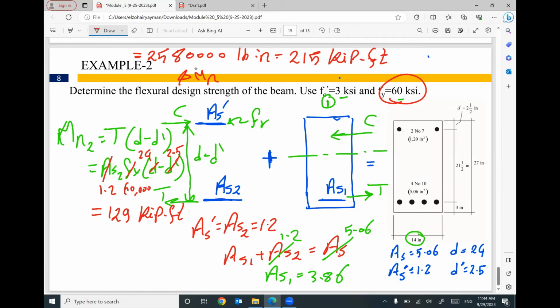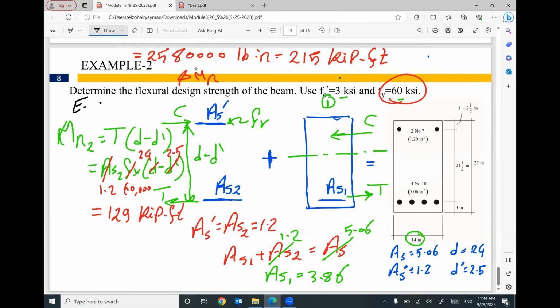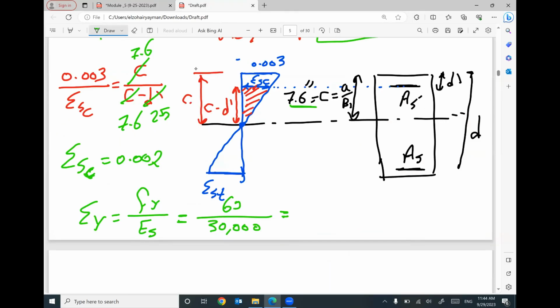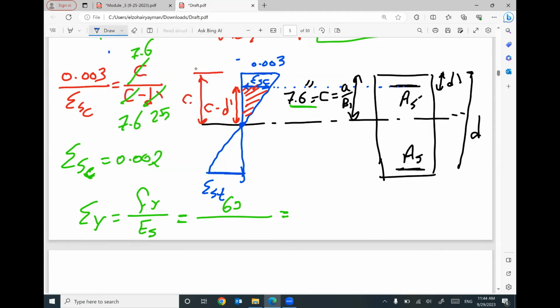Assume, and you have to follow what is given, E steel is given 29,000 ksi. This value is given here. So I will not use 30,000 because I am given a value for E steel.